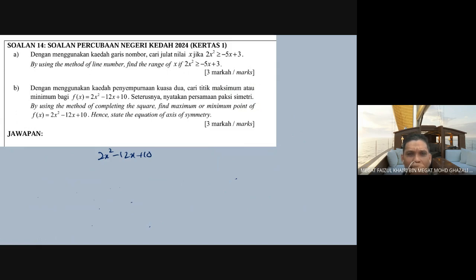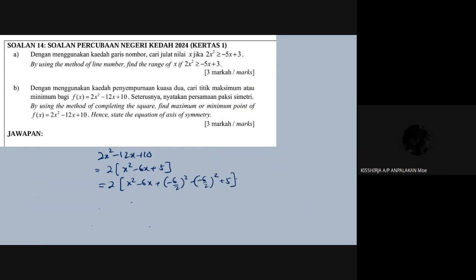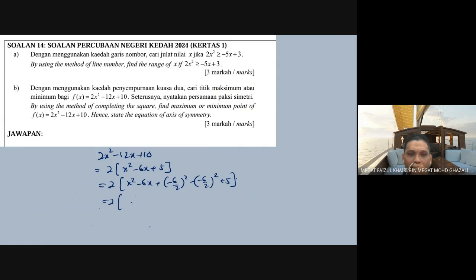Using complete the square, find the maximum point. Okay, so then 2x squared minus 6x plus 5. Then you got 2x squared minus 6x plus negative 6 over 2 squared minus negative 6 over 2 squared plus 5.